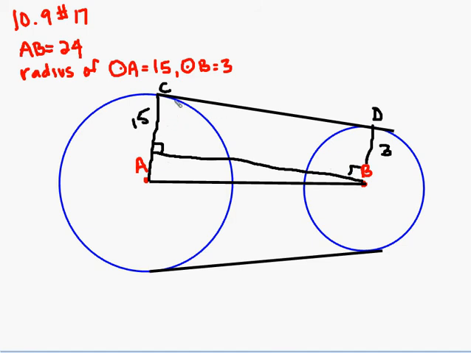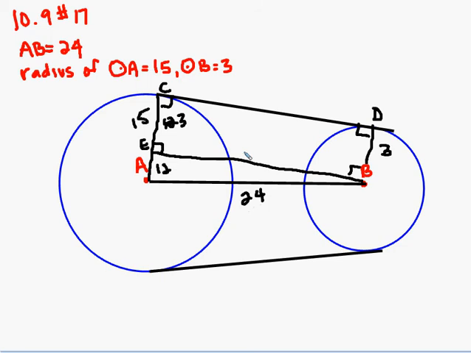And what I've just done is I've created a rectangle because we know that these are right angles, and I said that we'll call this point E. EB is going to be parallel to CD. So in this case I know that EC is 3, and E to A is 15 minus 3, or 12. I also know the distance between A and B, which is given, is 24.